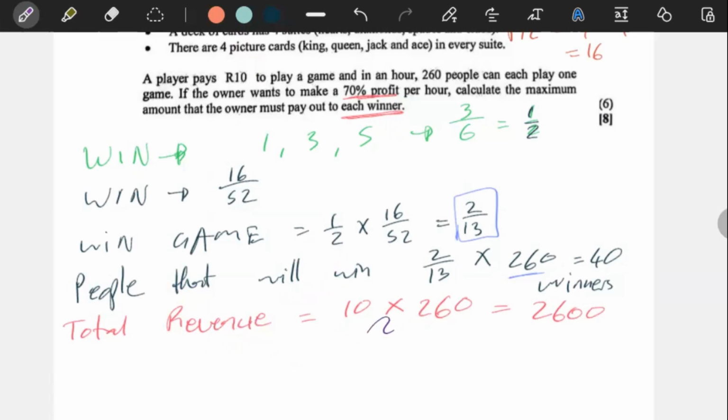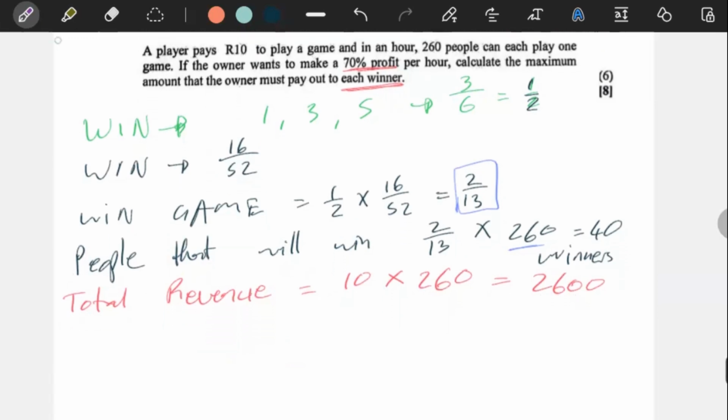So if your revenue is 2,600, in its simplest form, revenue in this sense is just going to be the profit plus, for lack of a better word, let's say expense.